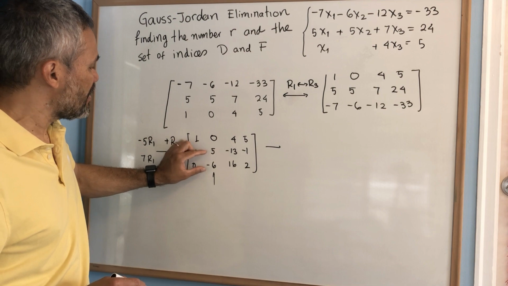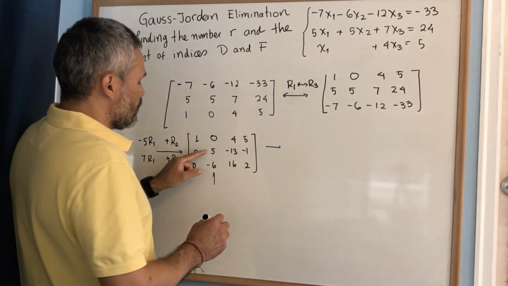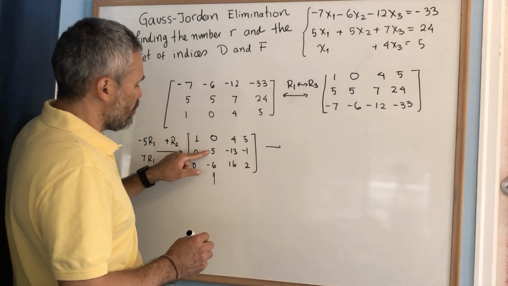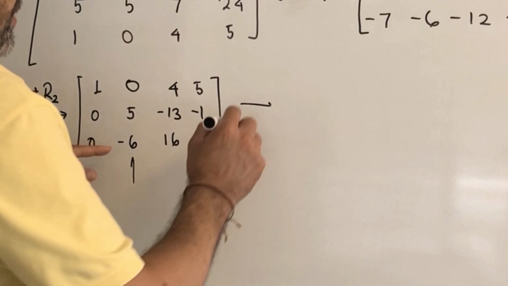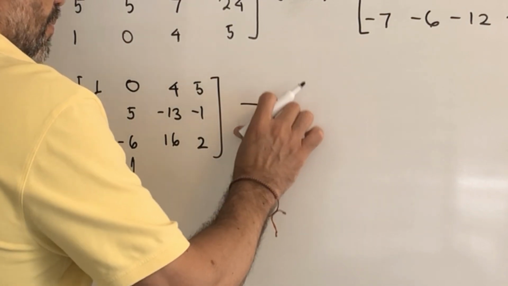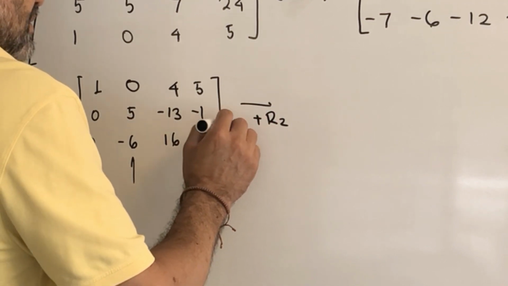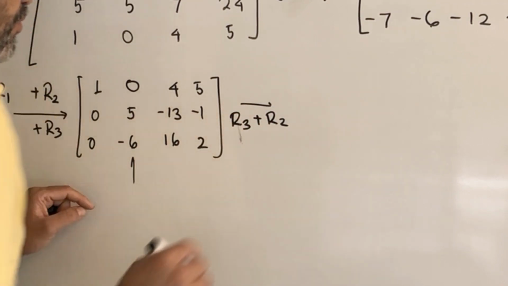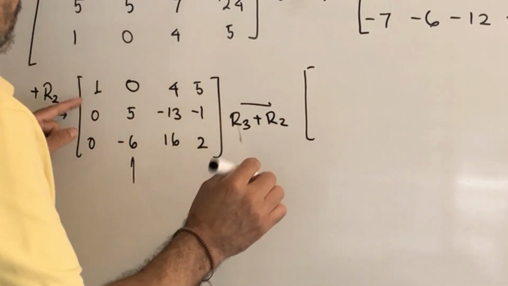I want to get a 1, but maybe something that I can do instead is I'm going to change this row by the sum of the 2 rows. Let me do that. Let me change row 2 by, let's say, row 2 plus row 3. I want to get a 1 and I don't want to deal with fractions so early.